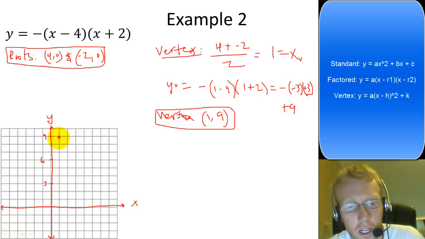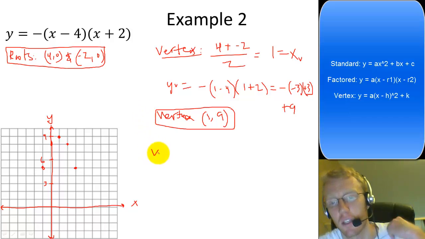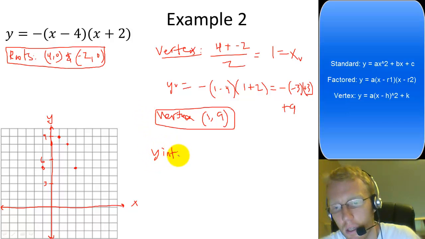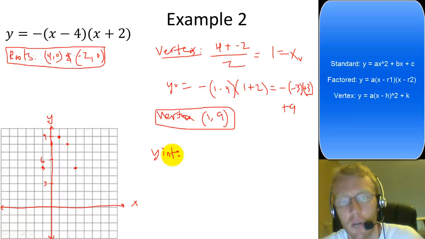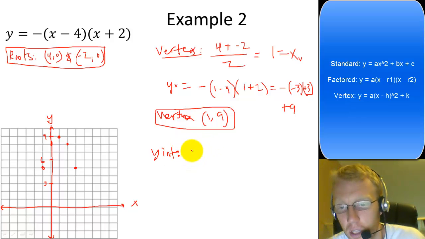So just by looking at the graph, we can tell the y-intercept should be right here at 8. Because if you go over 1 and down 1, over 2, down 1, 2, 3, 4 should be this point and this point. But let's verify the y-intercept. To get the y-intercept, we could either convert the entire equation into standard form, or we could just plug in x equals 0.